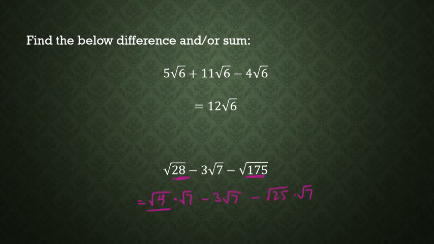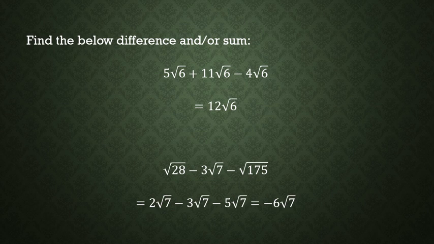And now these things here, the square root of 4 and the square root of 25, those are nice natural numbers. So we can do that calculation, and we see that in the end, the square root of 28 is equal to 2 times the square root of 7, and the square root of 175 is equal to 5 times the square root of 7.